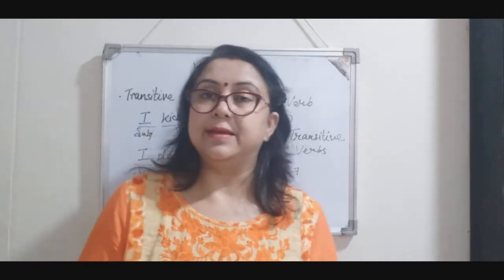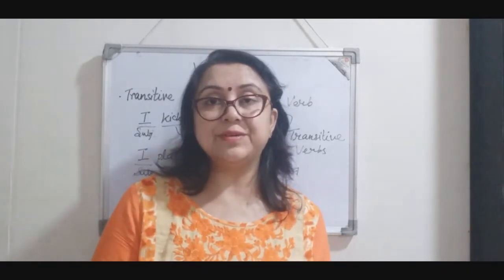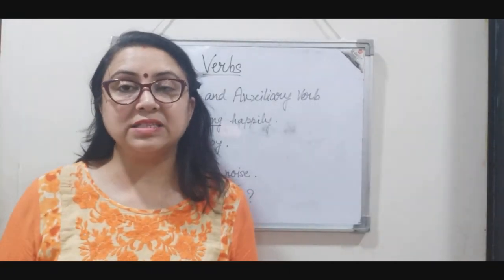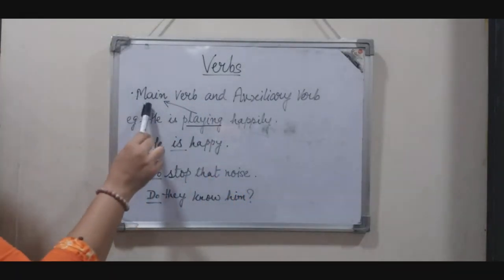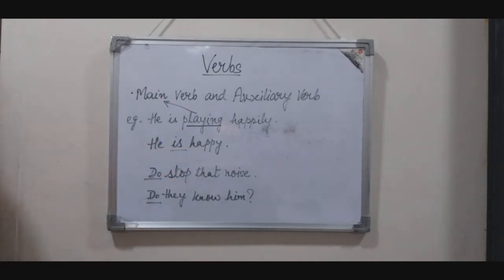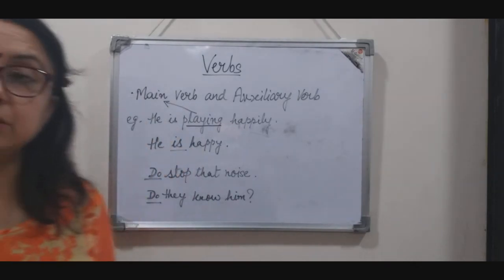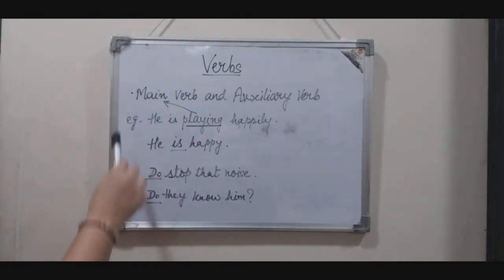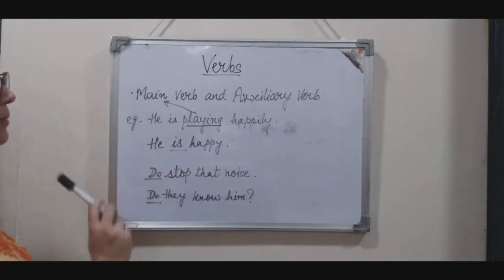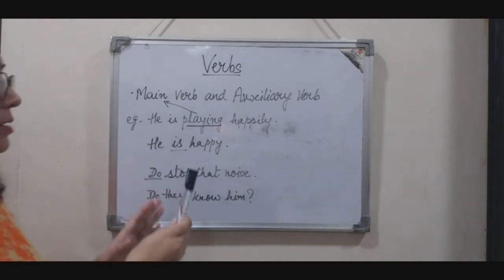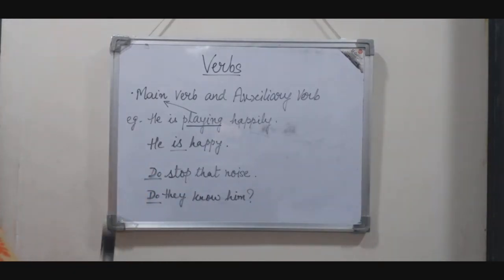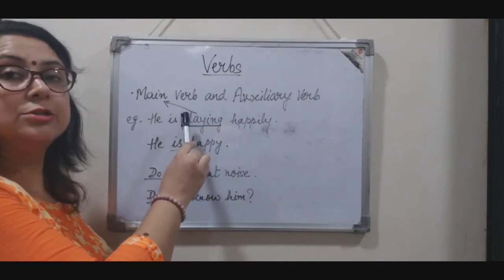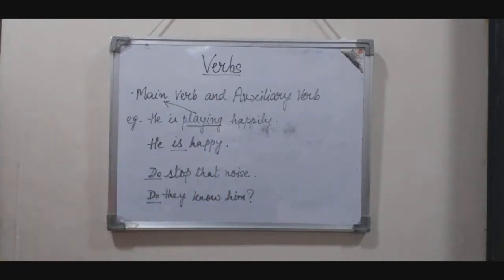Fine. Now let's proceed to main verb and auxiliary verb. So, as the name indicates, the main verb shows the main action that is being performed in the sentence. For example, he is playing happily. The action performed in this sentence is playing, right? So, playing is the main verb.